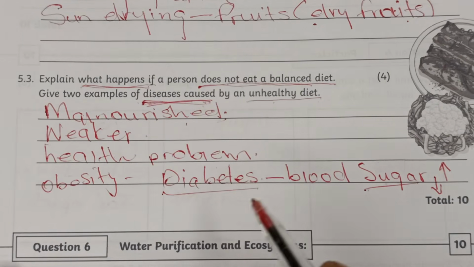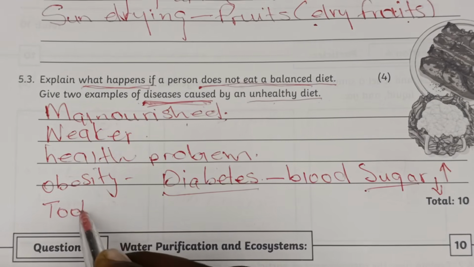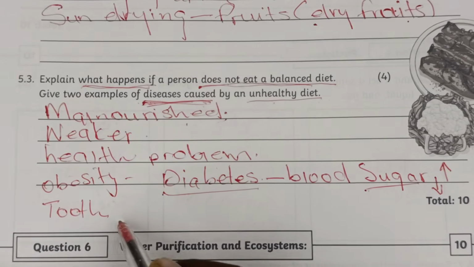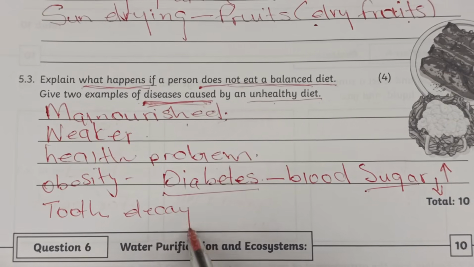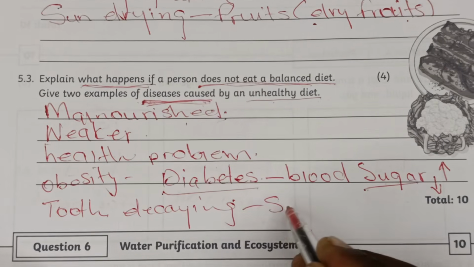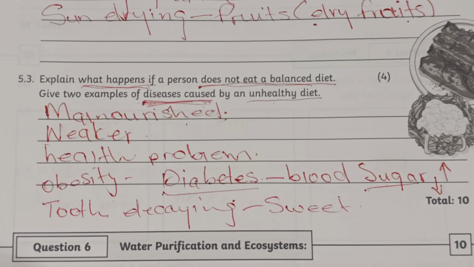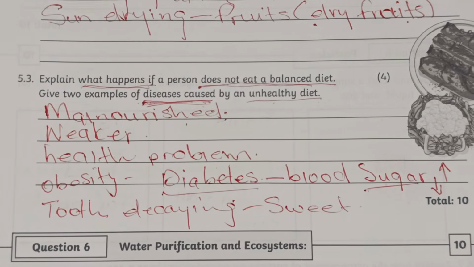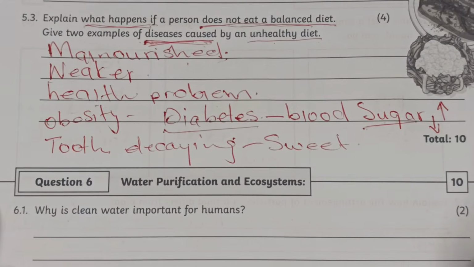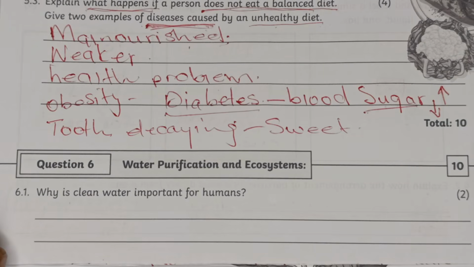Another one: an unhealthy diet can also cause tooth decay. You eat a lot of sweet stuff and then you end up with decaying teeth. There are a lot of diseases that we can put in there that can be caused by an unhealthy diet. But let's move to question number 6.